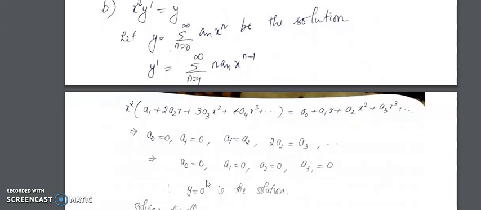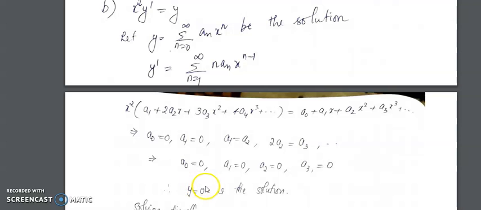Taking the next coefficient you will get a3 equal to 2a2. So a2 is 0, a3 is 0. You can see that all the a n will be equal to 0. Therefore the solution will be y equal to 0. So y equal to 0 is the power series solution obtained.